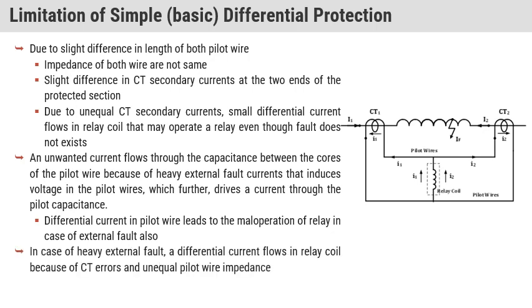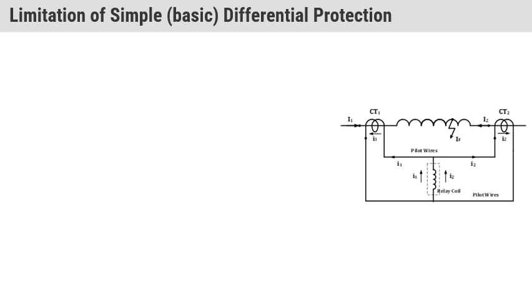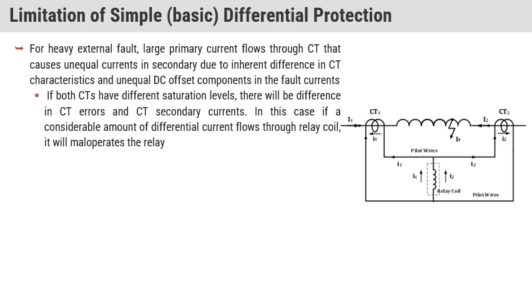So in case of a heavy external fault, a differential current flows in the relay coil because of CT errors and unequal pilot wire impedance. For a heavy external fault, a large primary current flows through the CT that causes unequal currents in the secondary due to the inherent difference in CT characteristics and unequal DC offset component in the fault currents.